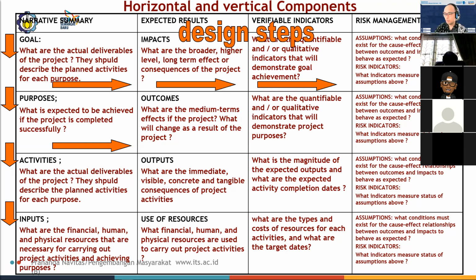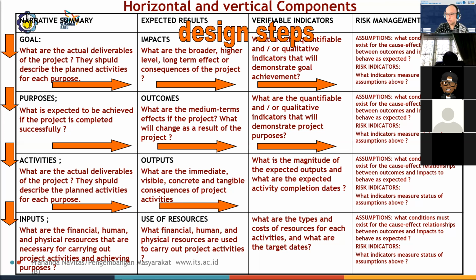Same with the purposes. Each purpose should help you formulate the outcomes, and once you've stated the outcomes, you should be able to identify or establish the quantifiable indicators, and the indicators will help you identify assumptions and risk indicators.